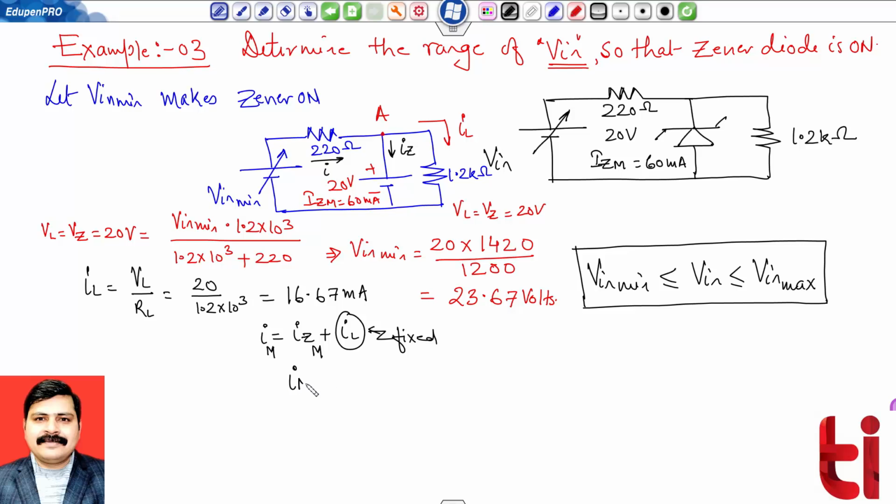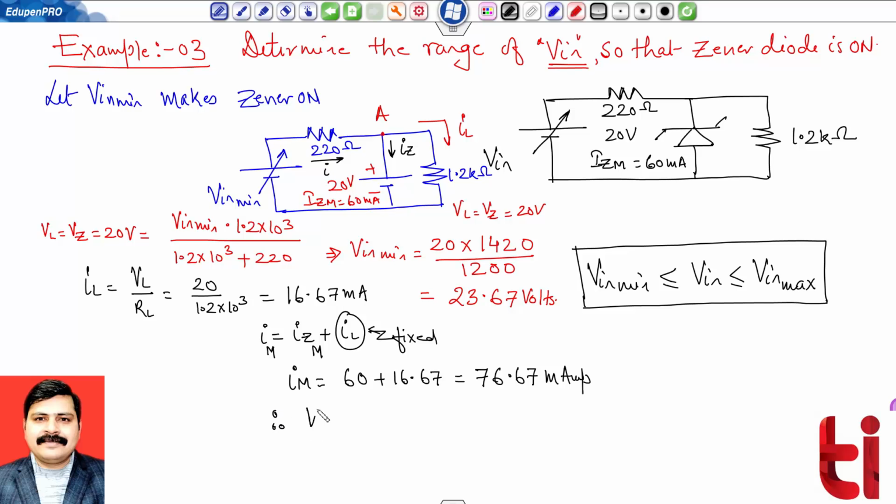So my I max will be 60 plus 16.67, that is 76.67 milliampere. This is my I max, the maximum current flowing here.